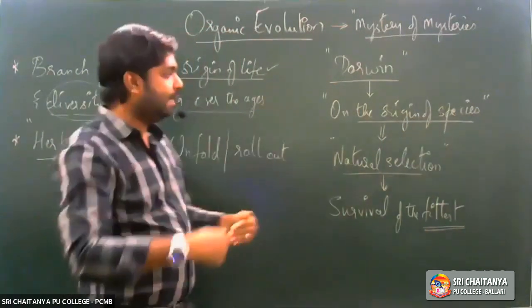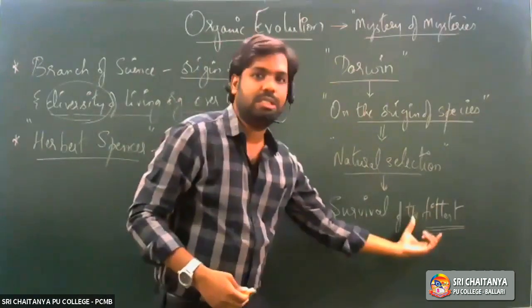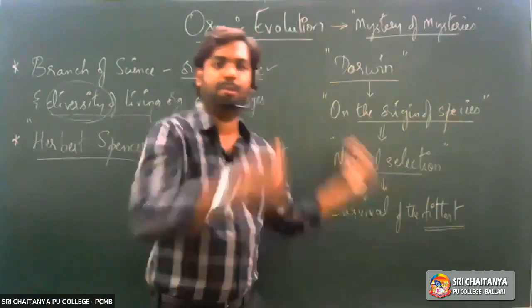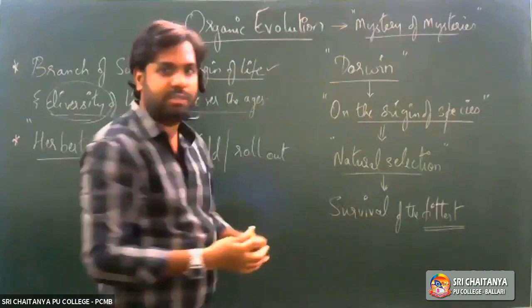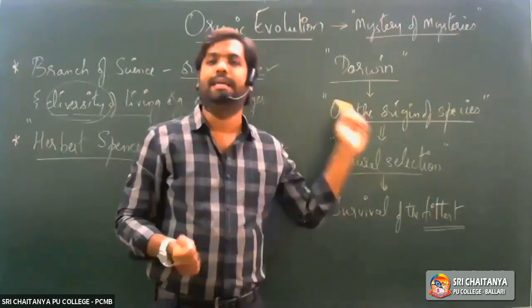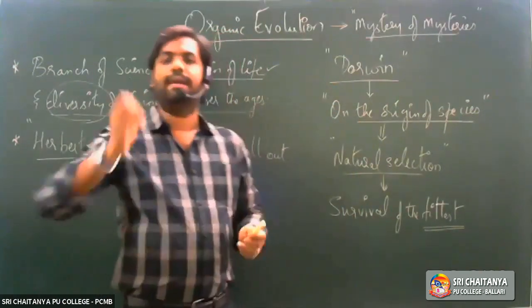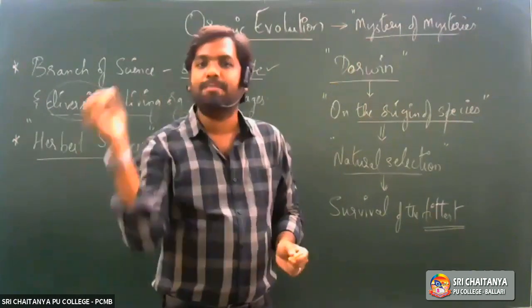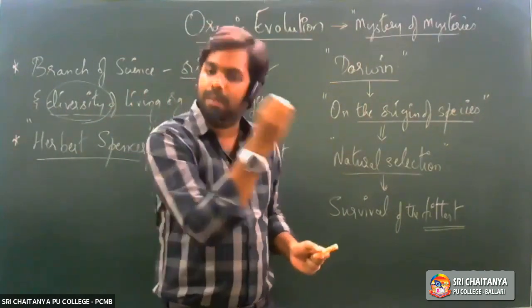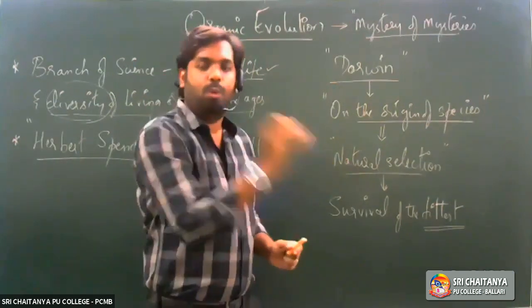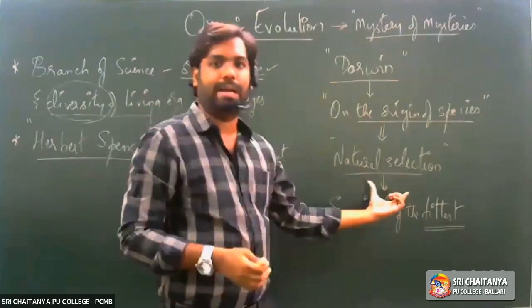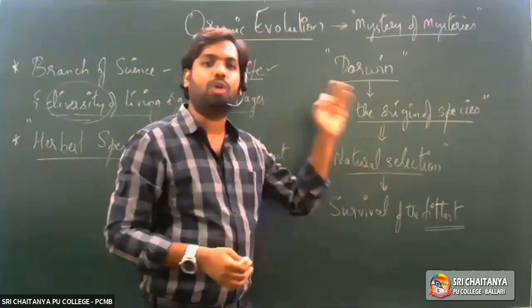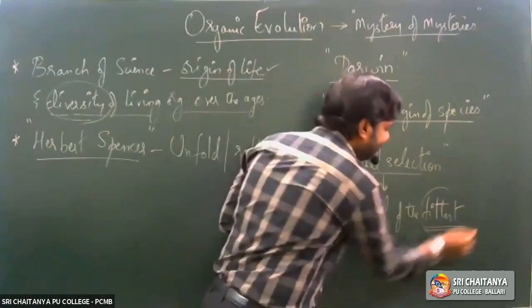So what did he say? Let me put it once again with regards to natural selection. What Darwin said in his theory is that organisms which have the better ability to adapt themselves to the environmental conditions alone will be selected by nature, and such an organism is considered the fittest.